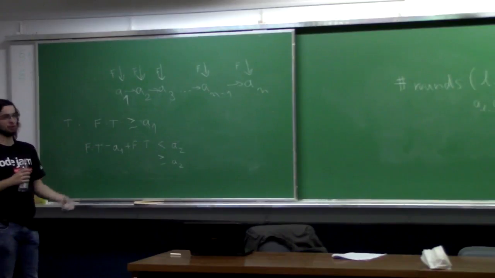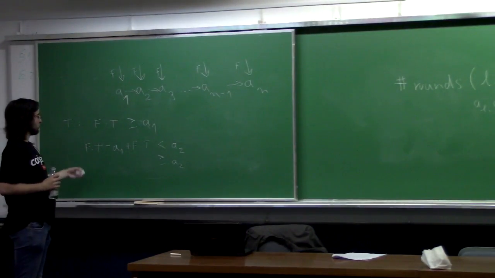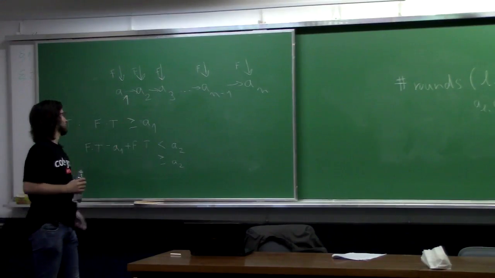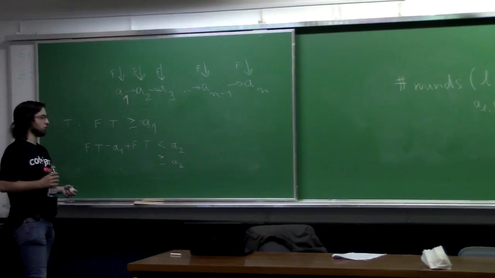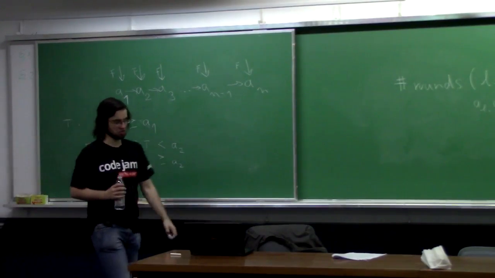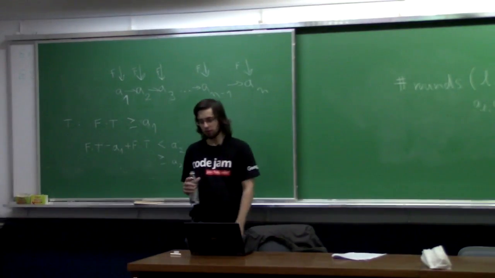And we can do the same thing with pond 3. That is, we say that f times t from the direct wall plus f times t times 2 minus A1 flowed into it, and continue checking if this is smaller or greater than A3, and so on.